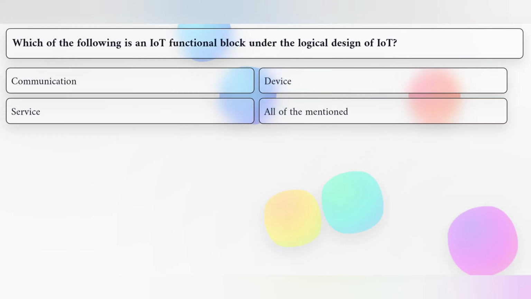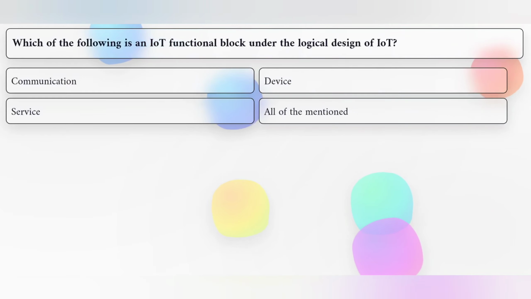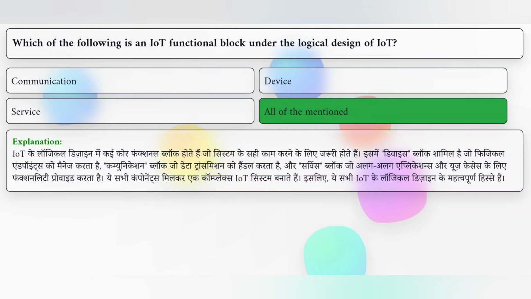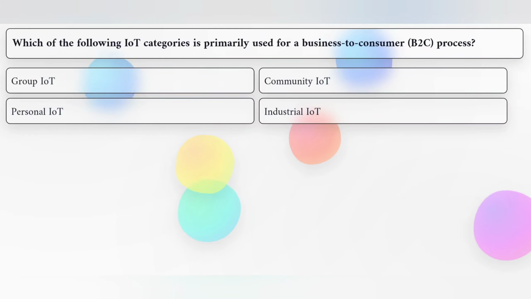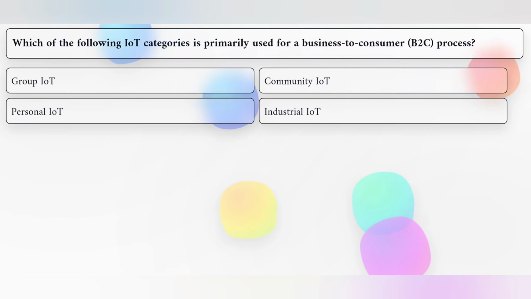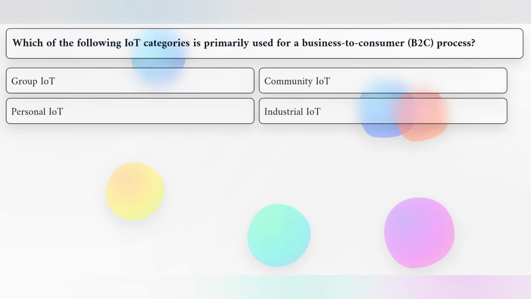Communication, device, service, all of the mentioned. Which of the following IoT categories is primarily used for a business-to-consumer (B2C) process? Group IoT, Community IoT, Personal IoT, Industrial IoT.